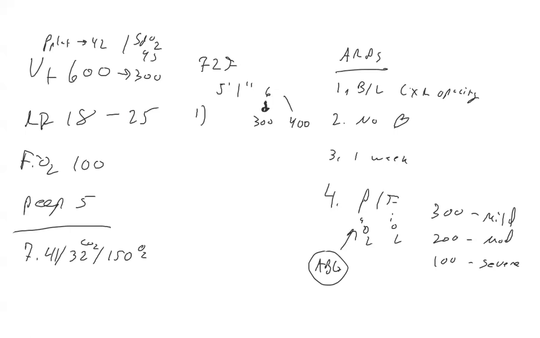What do you want to do? Do you like an FiO2 of 100%? Okay. Just pretend I'm an RT. You got to tell me what to do. All right, so 80. Okay.